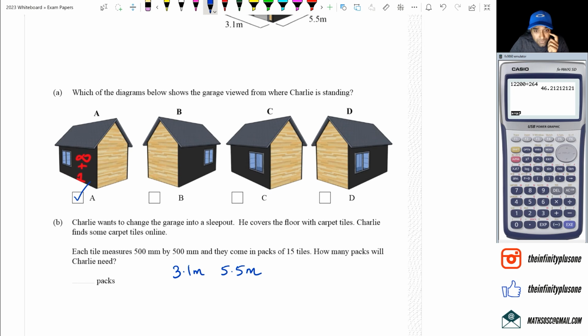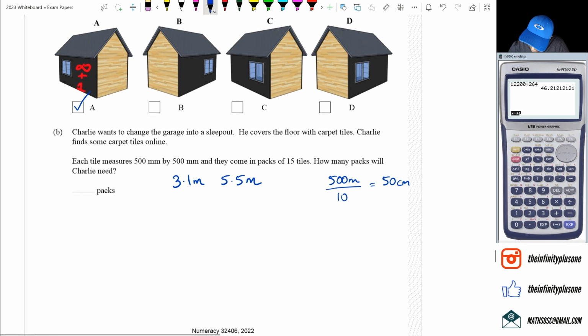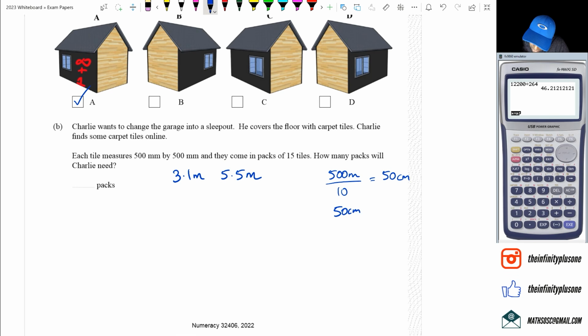Now, we've got to change all of this into either centimeters or millimeters. You've got to choose one of them, right? So I'm actually going to go with 500 mil, and I'm going to convert that to centimeters. To convert that to centimeters, I need to divide by 10, which equals 50 centimeters. And then if I want to convert 50 centimeters to meters, I divide by 100, which gives me 0.5.